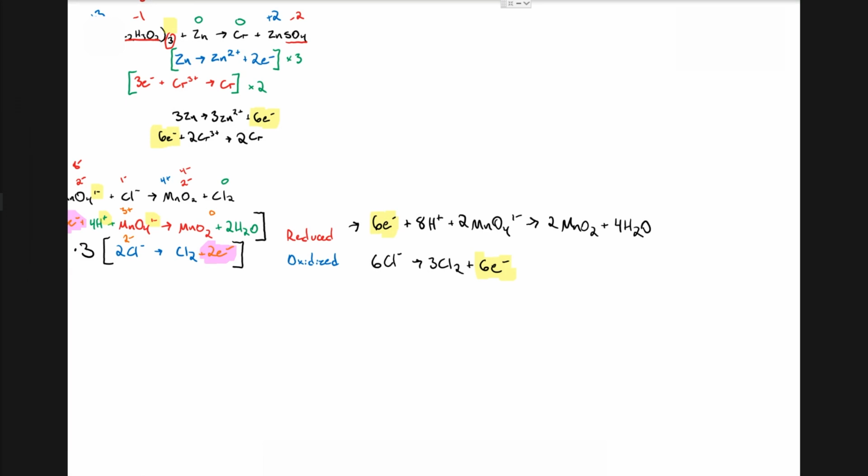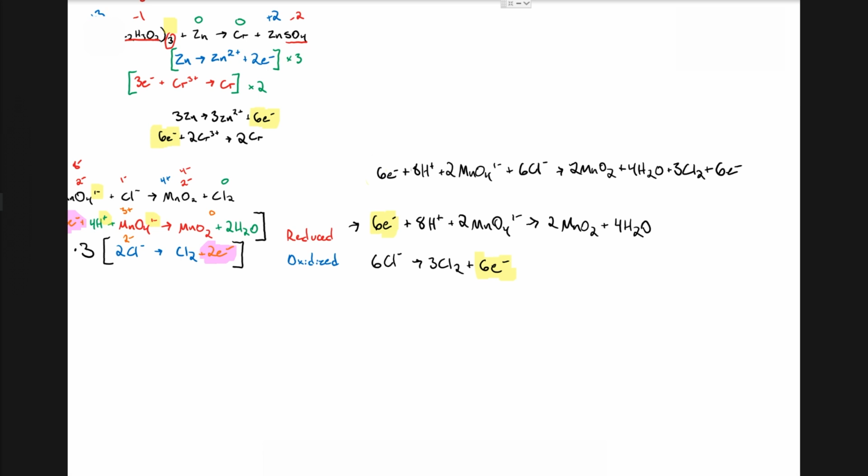So to add these up, really what we get is 6 electrons plus 8 hydronium plus 2 MnO4 negative plus 6 chloride ions goes to 2 MnO2 plus 4 H2O plus 3 Cl2 plus 6 electrons.